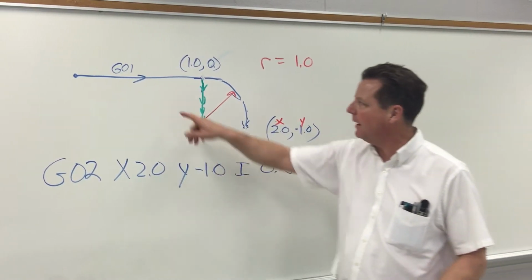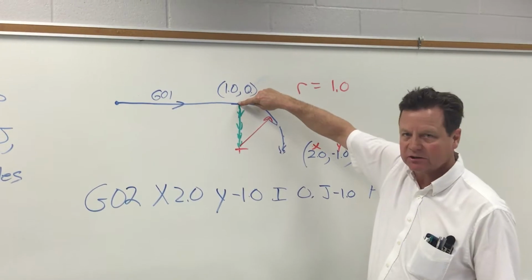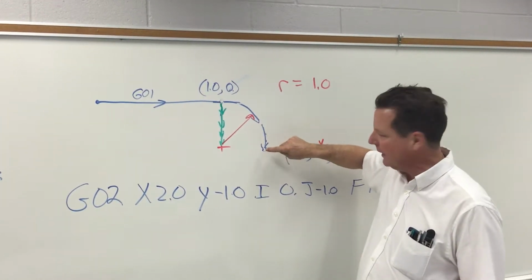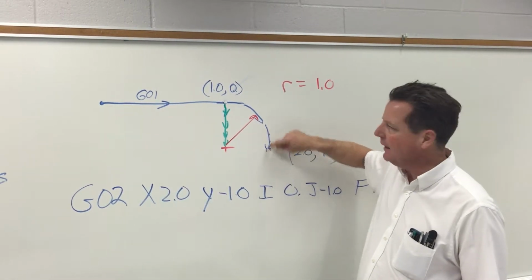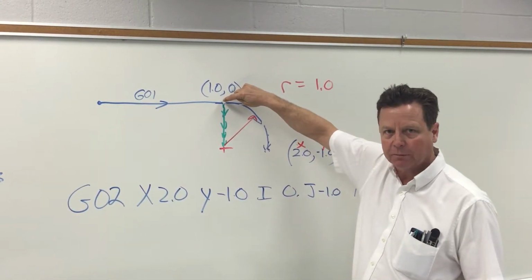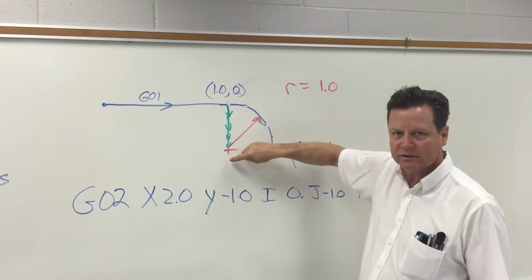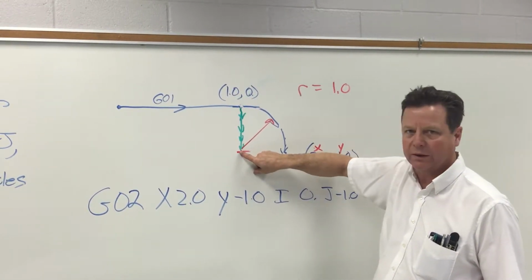So what do I mean by that? This is where the arc starts. This is where it finishes. X and Y go here for where the finish point is. I and J are derived from the starting point, and the vector is to where the swing point is.